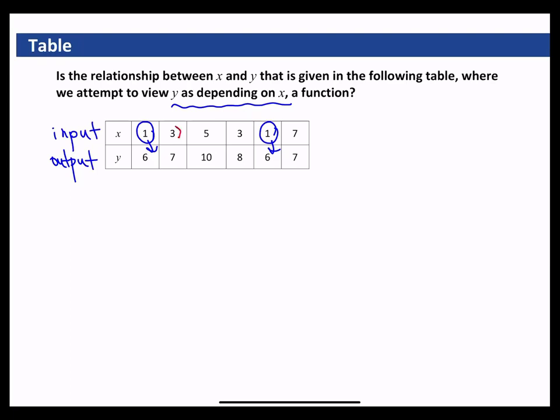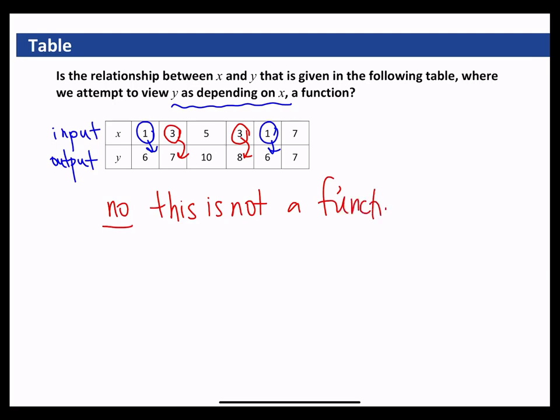Oh, I see a 3 here and I see a 3 here. 3 goes to 7 and 3 goes to 8. So we can say, no, this is not a function, because 3 goes to 8 and 3 goes to 7. Now, if one of those particular outputs was not included for some reason in this table, then we could say yes. But for the table we're given, it's a no.